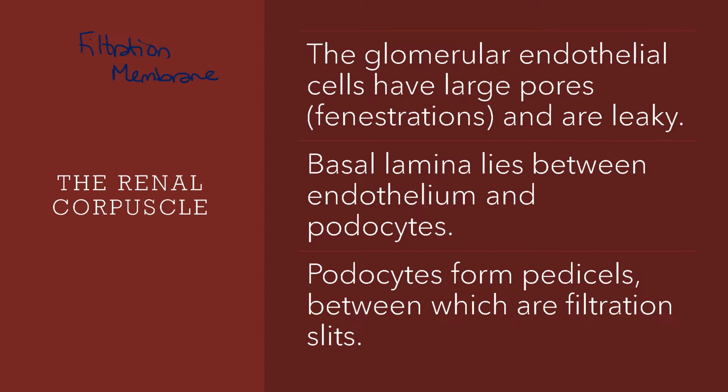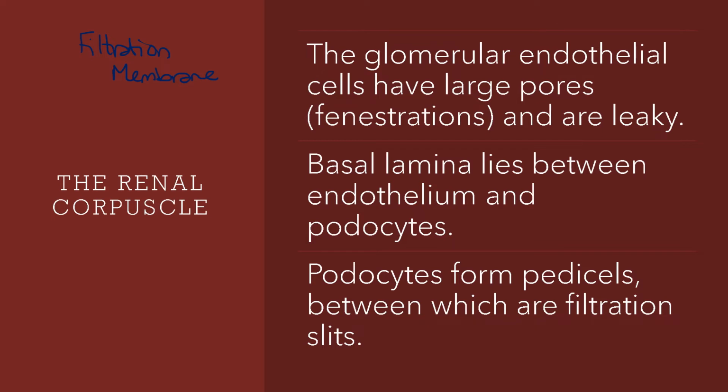So this is a leaky barrier. The sandwich-like assembly of those pedicels from the podocytes allows filtration of water and small solutes, but it does prevent the filtration of most plasma proteins, blood cells, and platelets. So these large proteins and blood cells can't actually pass through that filtration membrane, so they stay in the blood.